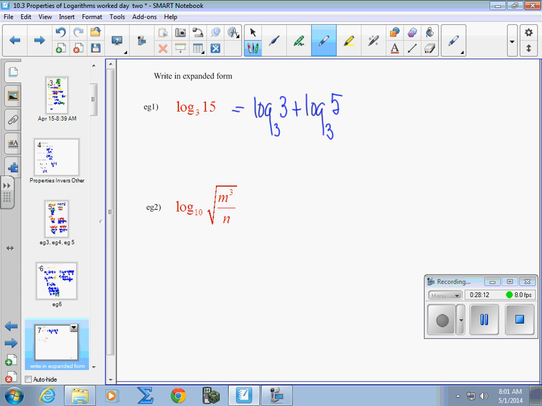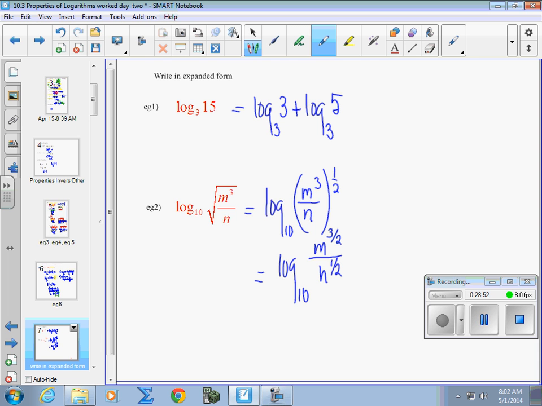The next example, number 2, is a little bit more difficult. So let's do this first. Rewrite this as a log of a quotient, with the numerator raised to a power, divided by n to the first power.